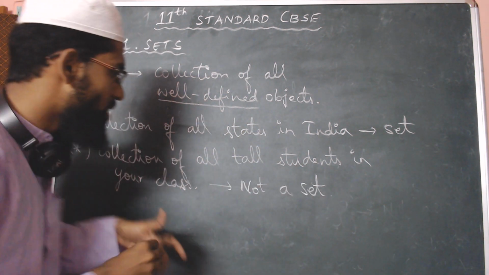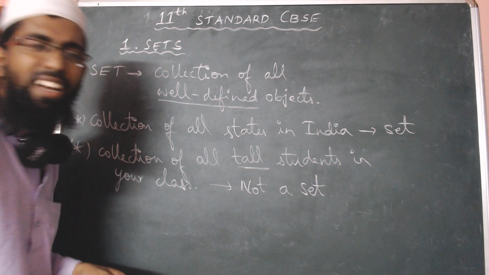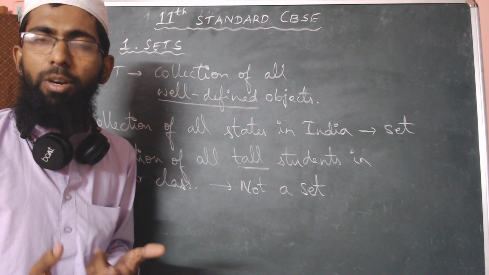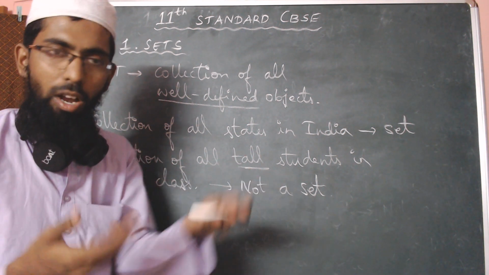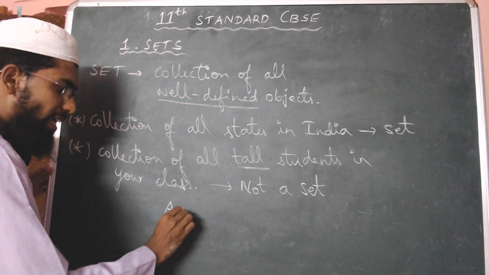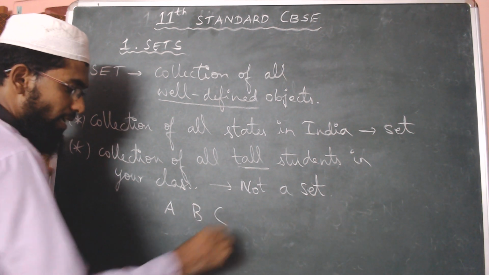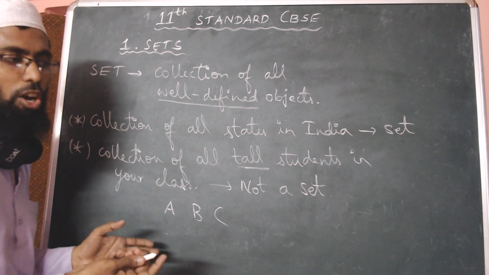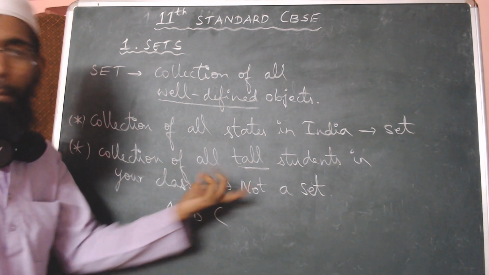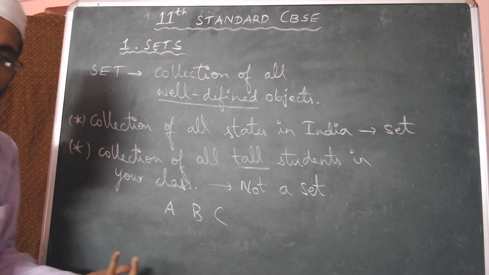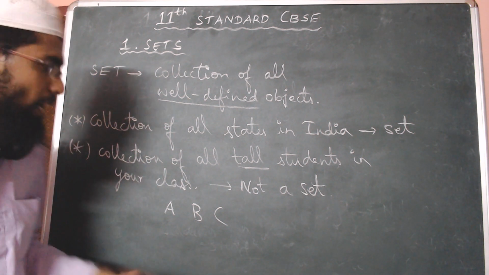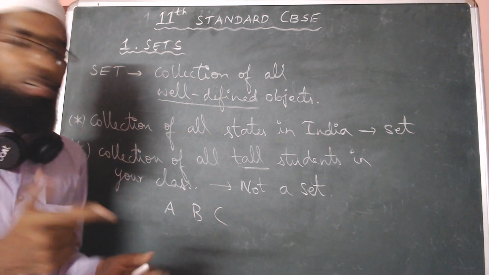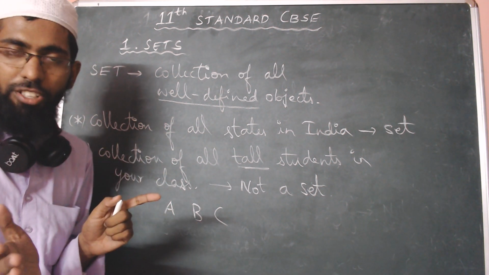So the word tall is not a clear-cut statement. If I take students A, B and C, A may be taller than B, but compared to C he may be shorter. It is a comparative statement, so if I take any particular element, I cannot tell clearly whether it belongs to this collection or not.